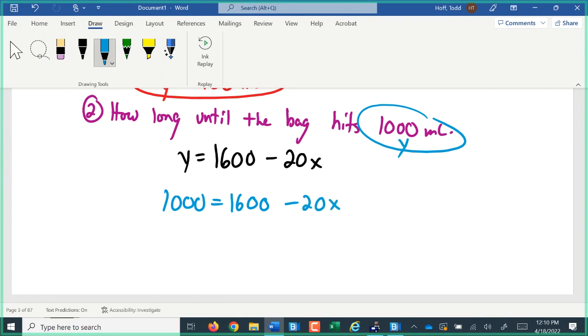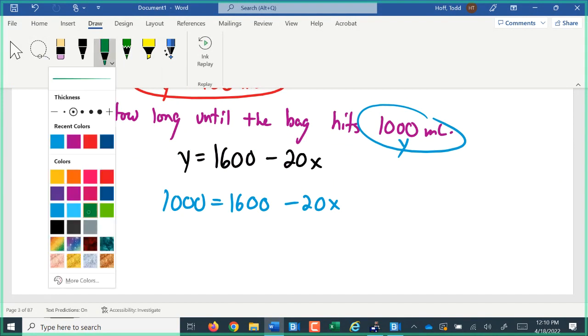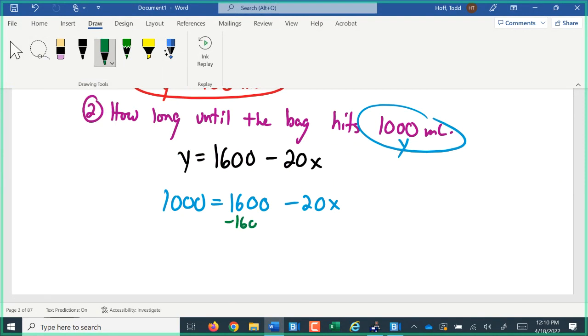1600 minus 20x. And now we have to go ahead and solve for x, just like we would in any other equation. So we're going to subtract the 1600. 1,000 minus 1600 is a negative 600. Equals, here the 1600 is gone, we have a negative 20x.